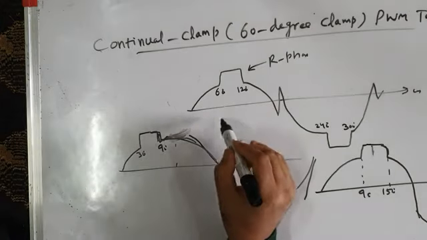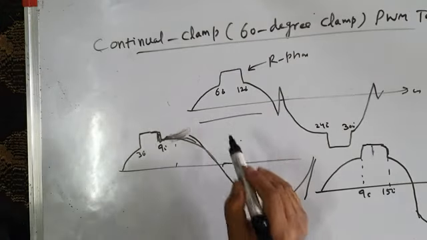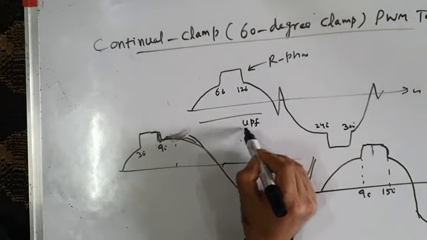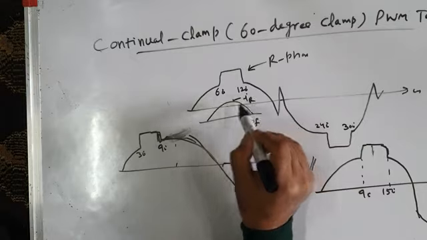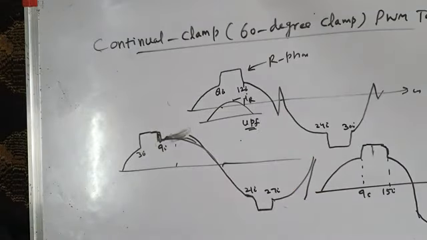I told you that this is suitable for those loads which are operating at near unity power factor, because at near unity power factor the current IR, for example, will have maximum value from this interval to this interval, and it is better to clamp a particular phase leg to the positive DC bus or to the negative DC bus in order to reduce the switching power losses. The rule is that when current is going through its maximum value, during that interval itself, bus clamping should be done. That will reduce the switching power losses significantly.